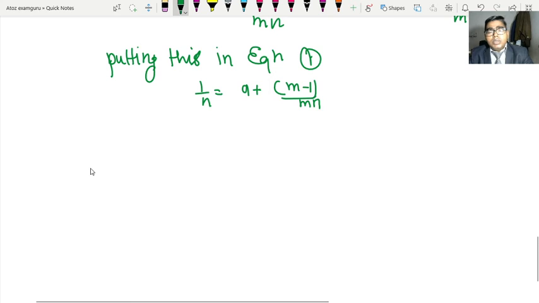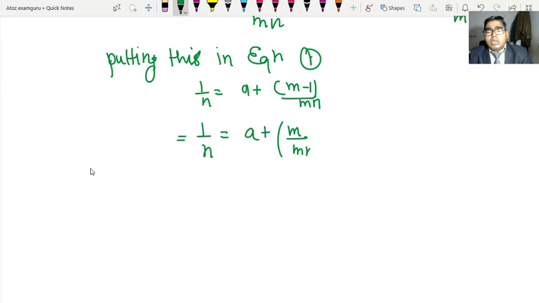So it means simply 1 by n equals a plus m upon mn minus 1 upon mn. It means 1 by n equals a plus 1 by n minus 1 upon mn.